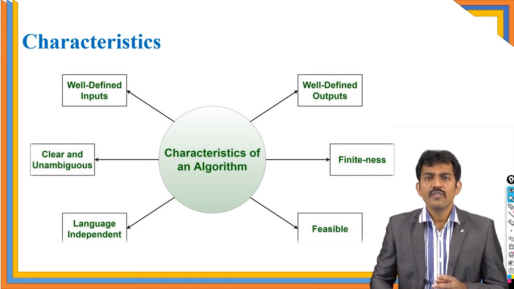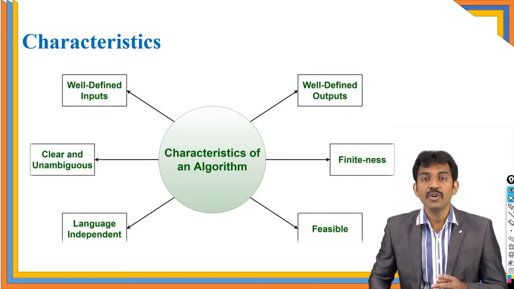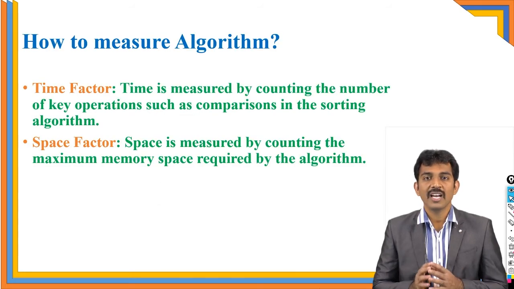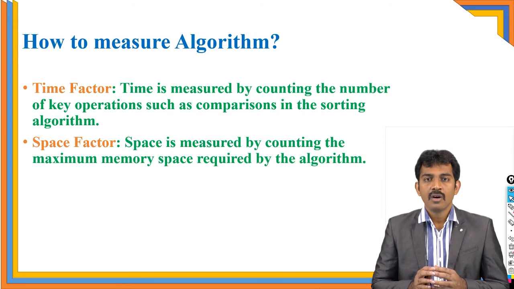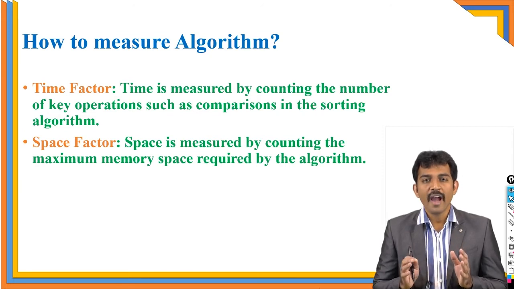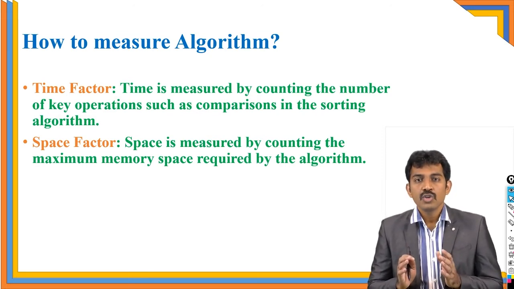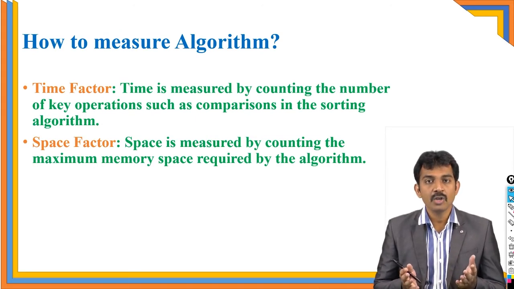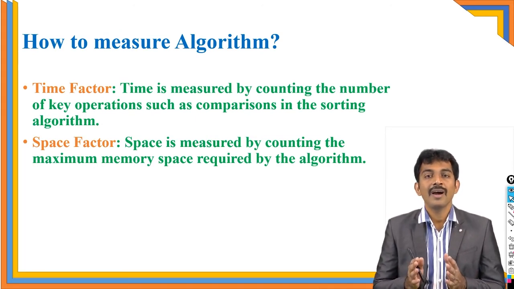So here, a very, very important thing is how we are going to measure the algorithm. Measuring of the algorithm. In computer science, for every problem there are n number of solutions. Yes or no? For example, if you want to reach Charminar from here, you have n number of routes.